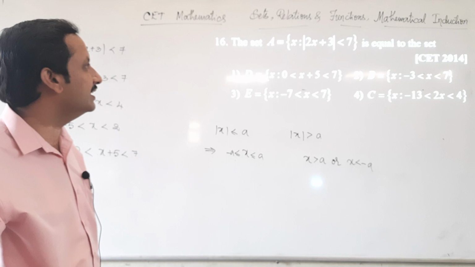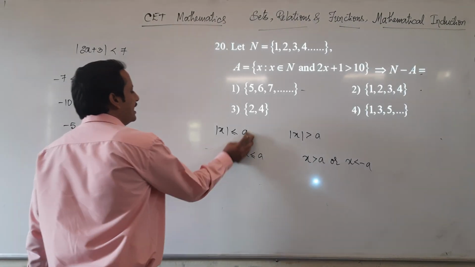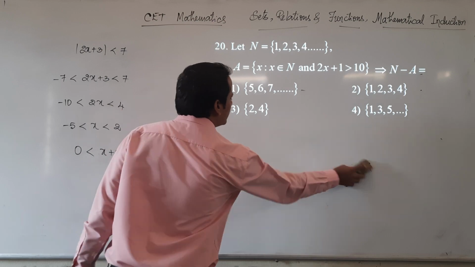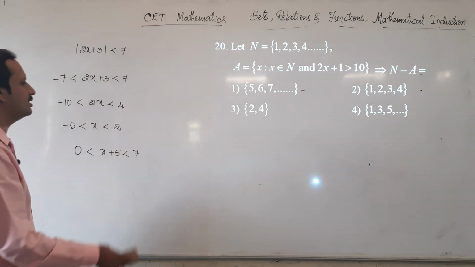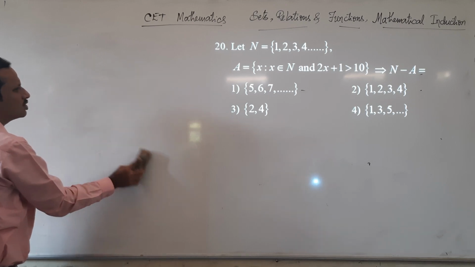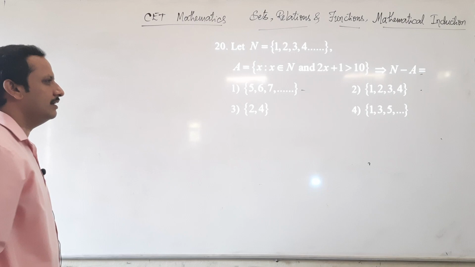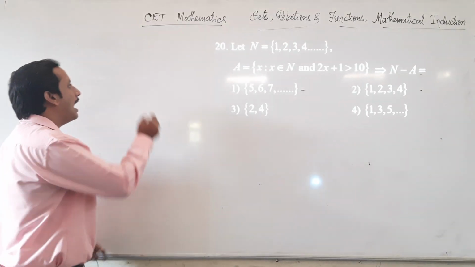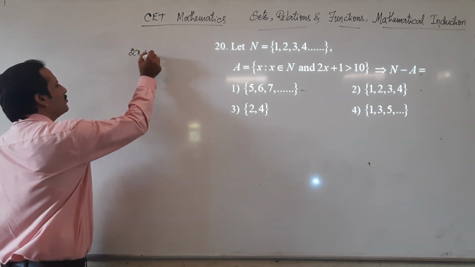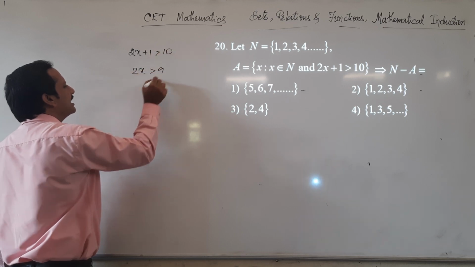Okay. Then next question, 20th one. Let N be equal to 1, 2, 3, 4, etc. There is a set of all natural numbers. A is x such that x belongs to N and 2x plus 1 is greater than 10. X is a natural number and 2x plus 1 should be greater than 10. That means 2x is greater than 9.